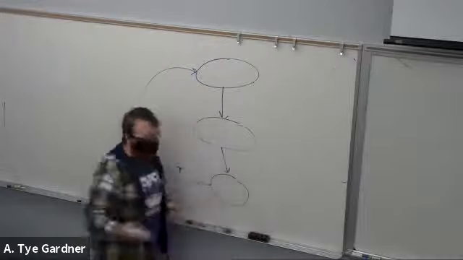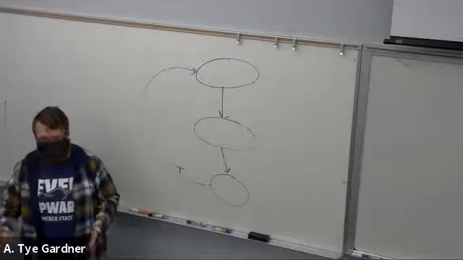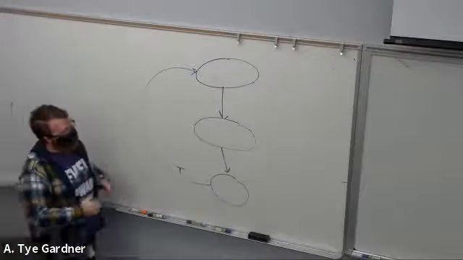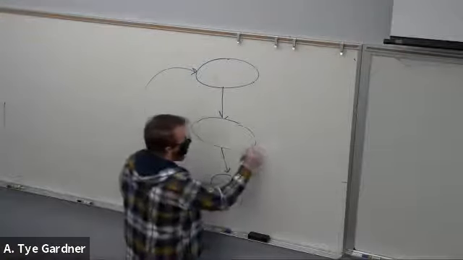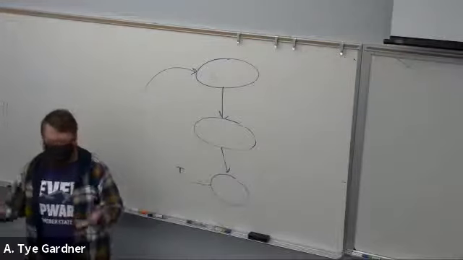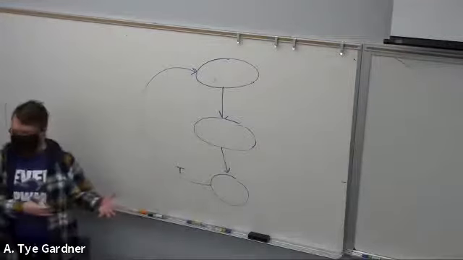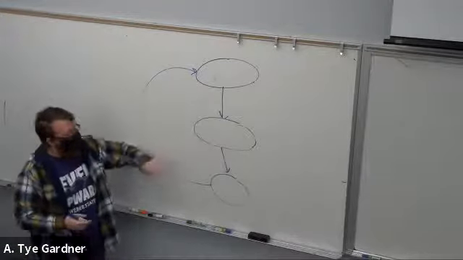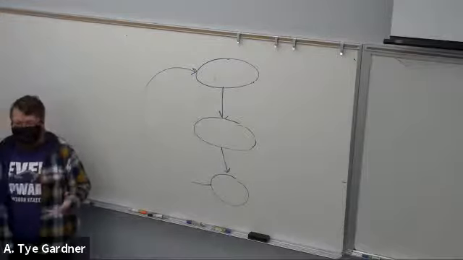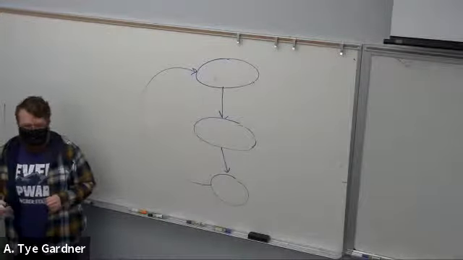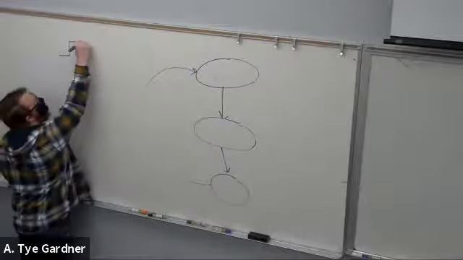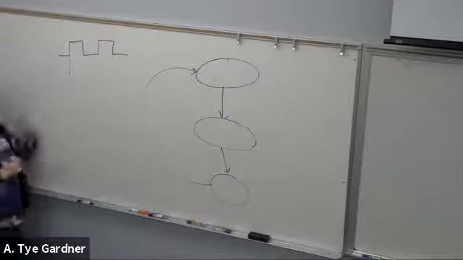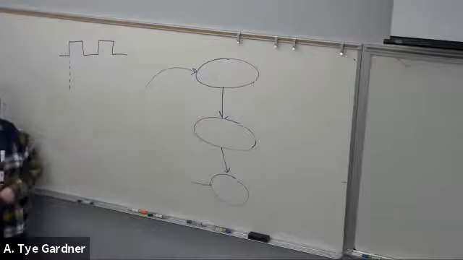So one of the important things with state machines is it has memory and it is clocked. It must be clocked. And what you do by default is each time you have the rising edge of the clock, or falling edge if it was falling edge triggered, right? But if I have a rising edge of a clock, then I want to evaluate what are the inputs at that rising edge. So the clock's going to be ticking along. And each time a rising edge happens, we're going to go look at the inputs and see what do we do.